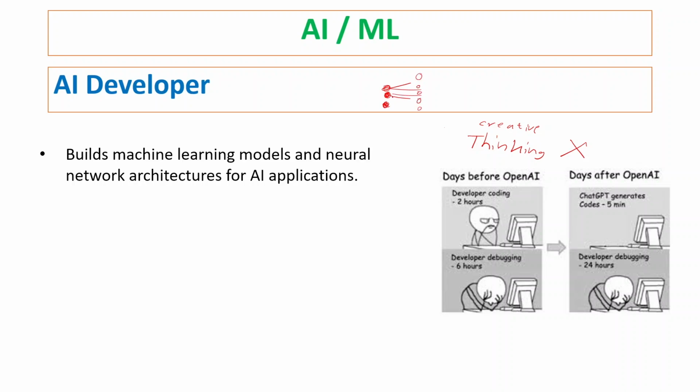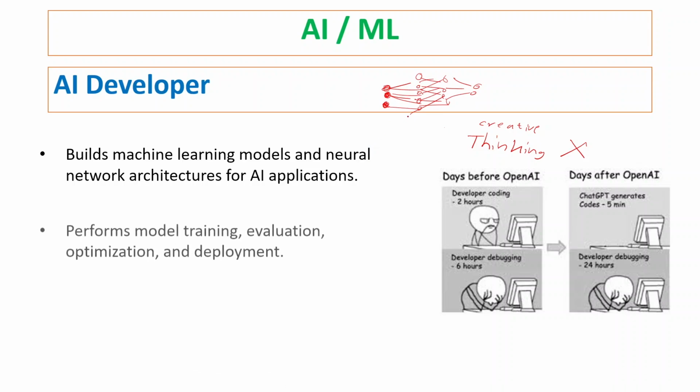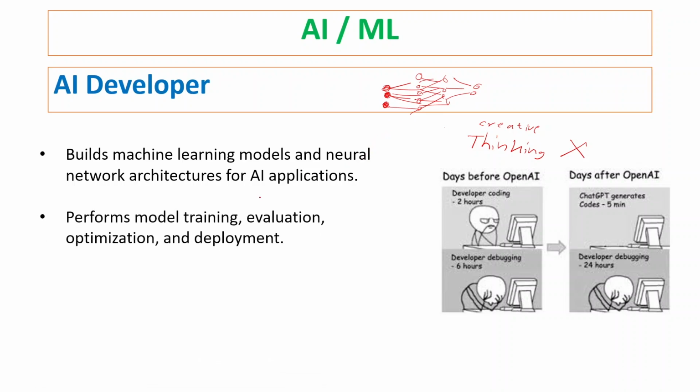We have neurons, it will be mapped into one, then another mapping. So it is like this, and finally it will build the output. The same thing we are going to apply when it comes to artificial intelligence. We are going to use neural networks. As an AI developer, you perform model training, evaluation, optimization, and deployment, and give advice on legal and moral issues that arise with AI.